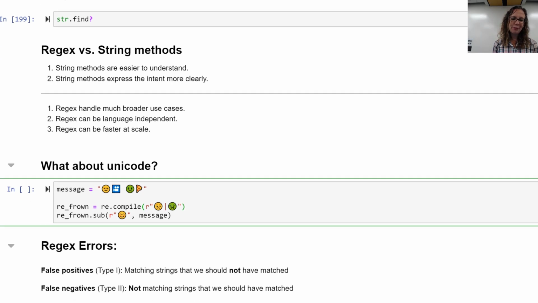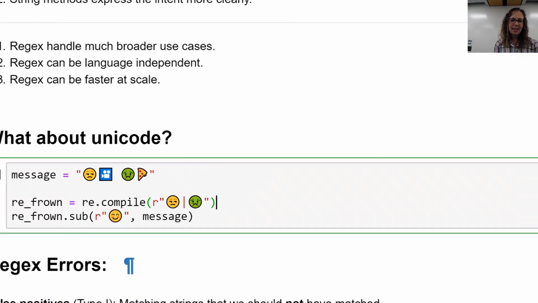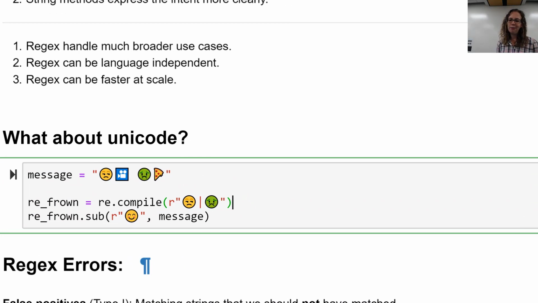This was just for fun. This is, I guess, not NLP, but I did regex on Unicode. Let me zoom in a little bit so you can see this. Here I have a message of a frowny face about the movie and a nauseated face about the pizza, and I wanted to try substituting smiley faces in for the frowning and nauseated faces.